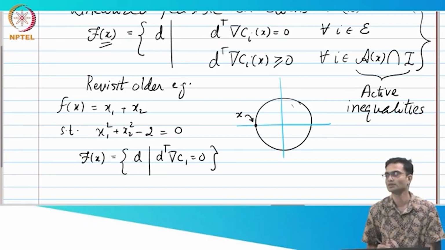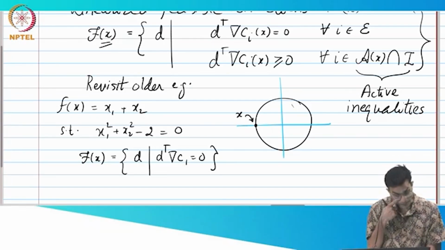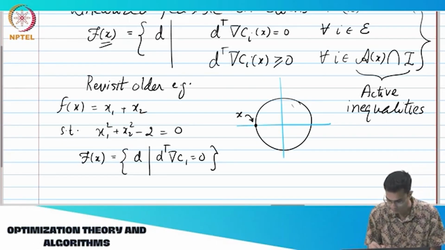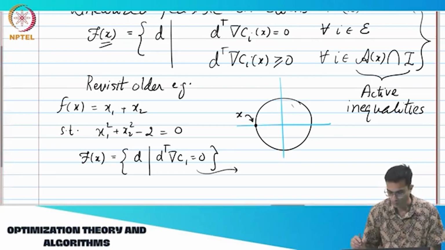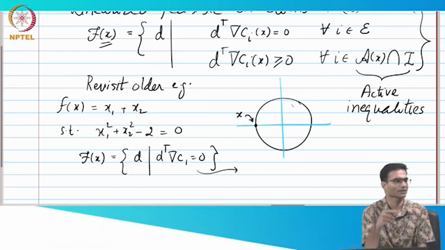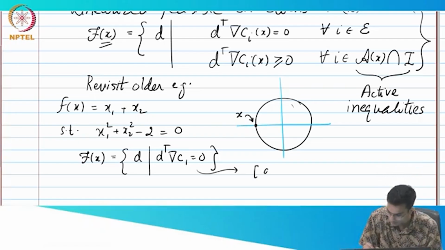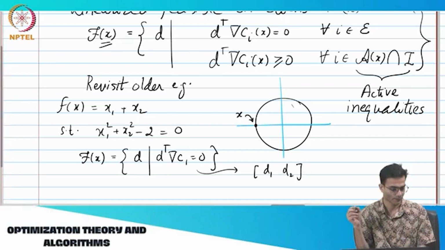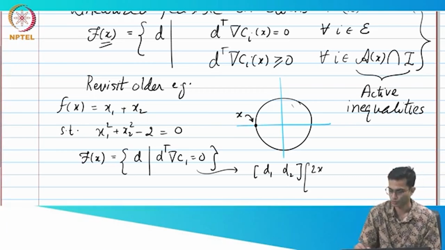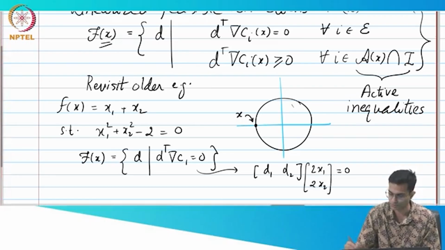This is the set of feasible directions. So let's open this up. d is a two-dimensional vector because it's a direction in x1, x2 space, so I can simply write it as d1, d2. What is grad C1? 2x1, 2x2. And I need this to be equal to 0.